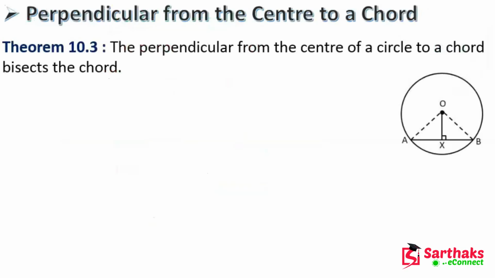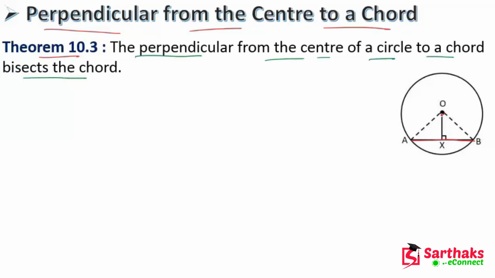Now the next is perpendicular from the center to a chord. Let's see the theorem. The perpendicular from the center of a circle to a chord bisects the chord. Suppose we have a circle like this and we have chord AB.